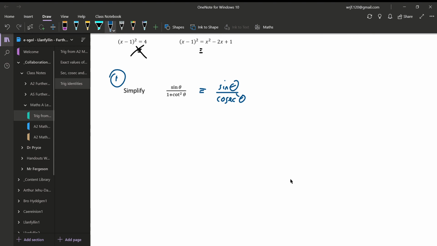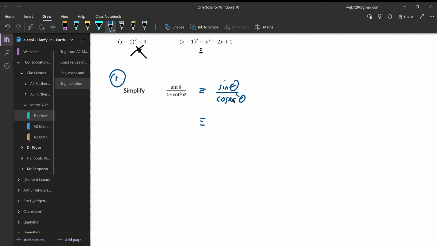Cosec, remember, one of our reciprocal trig functions, cosec being the one that goes with sine theta. Cosec theta is the same as 1 over sine theta. So what I've actually got here is sine theta divided by 1 over sine squared theta, having cosec squared theta, 1 over sine squared theta, on the bottom of the fraction.